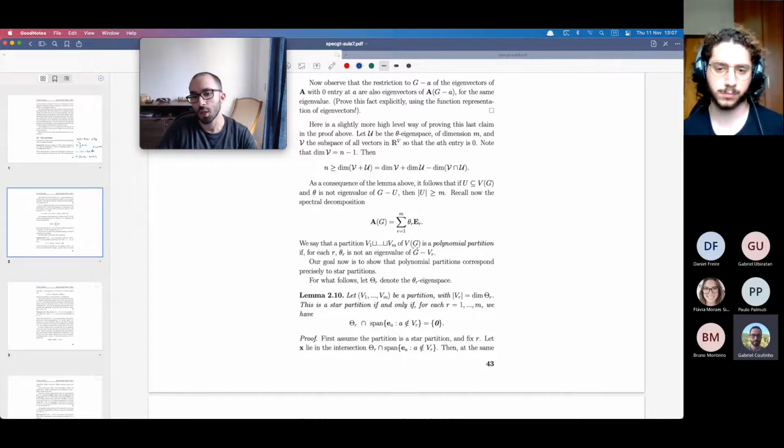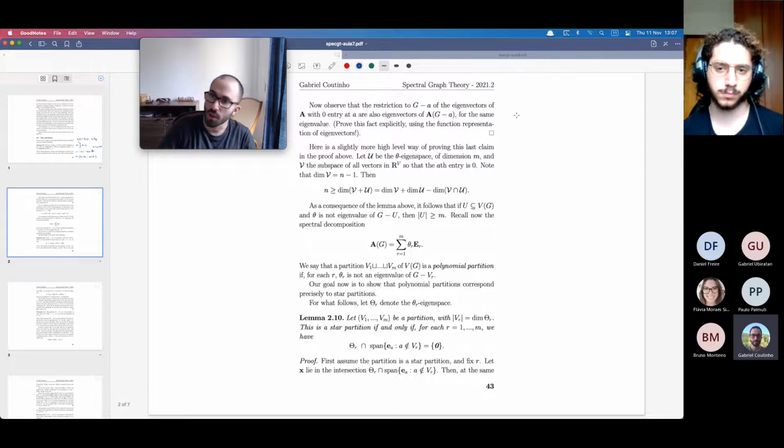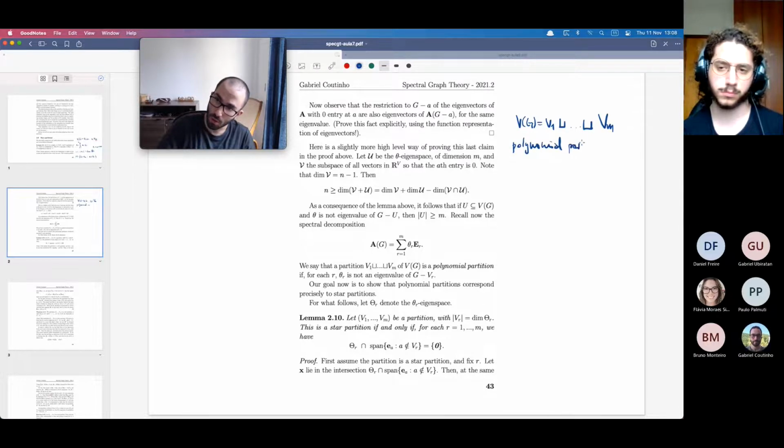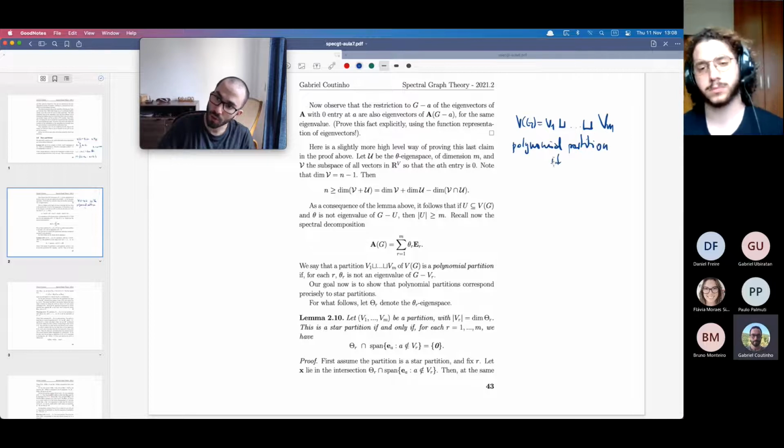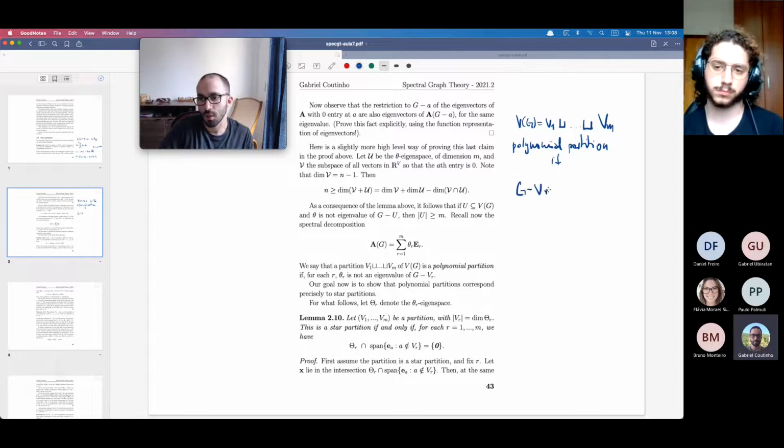This polynomial partition is defined, well, if I get the vertex set of my graph, and I have V1 all the way up to Vm, this is going to be called a polynomial partition if, whenever I remove each one of these sets, and then I look at the adjacency matrix of these graphs, theta r is no longer an eigenvalue.